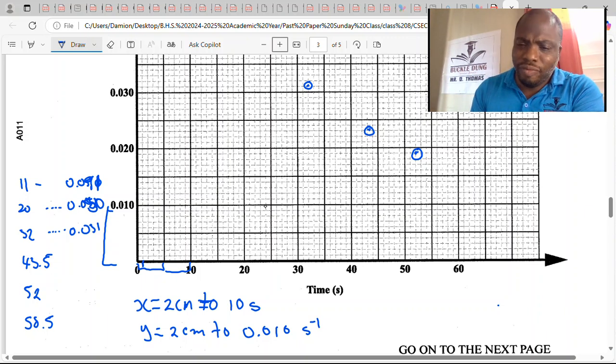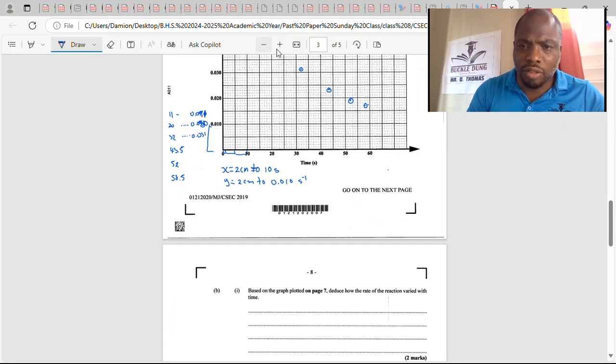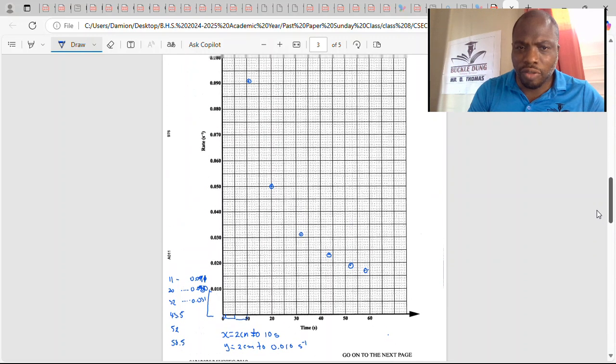But the last one, 58. 0.017. So 17 is about here. Alright, so let me reduce this. Bring it down, bring it down, so we can get a visual of it.